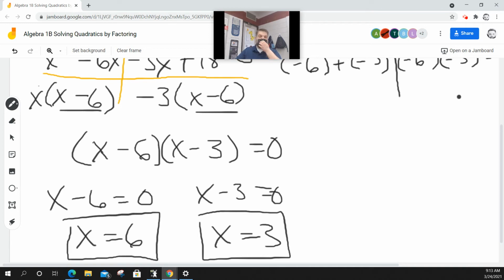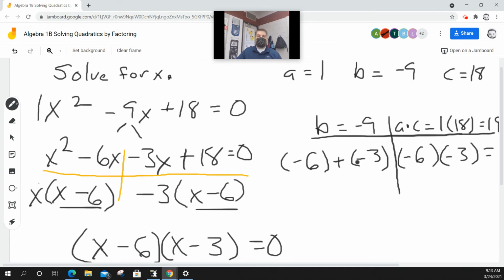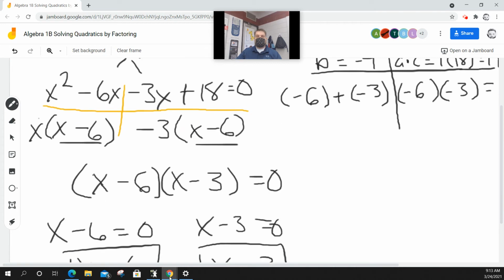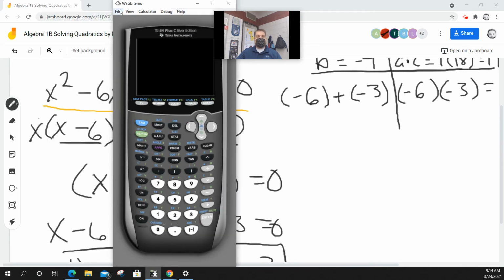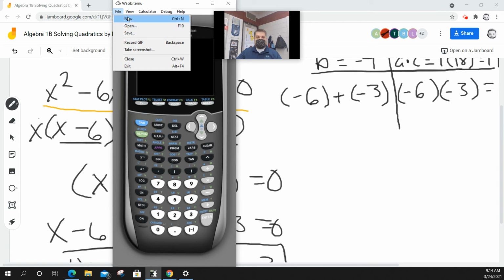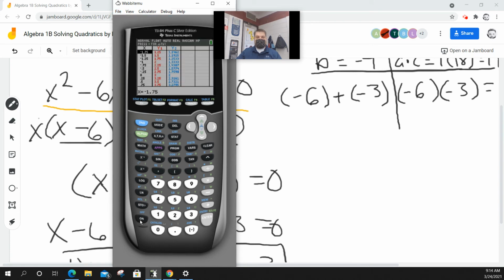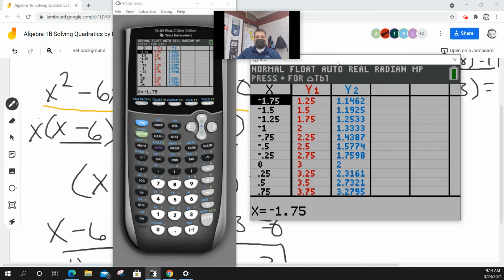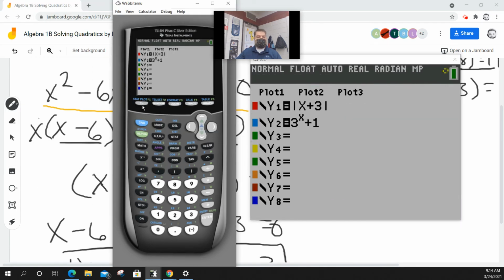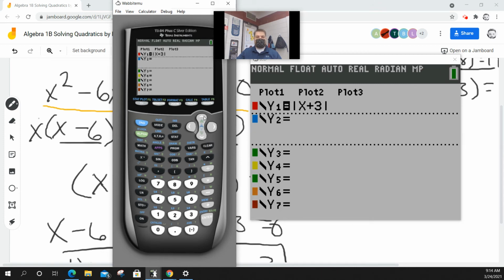Now, the only other thing is, how can I double check to make sure that's the right answer? You guessed it, we got to graph it. So if I graph this, let me turn it on. Let me pull up the thing so you can see it a little better too. So what I'm going to do is I'm going to come in here and I'm going to plug in, I got to clear this one out.